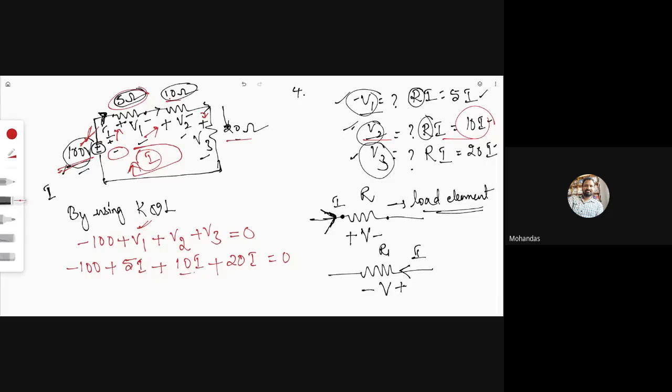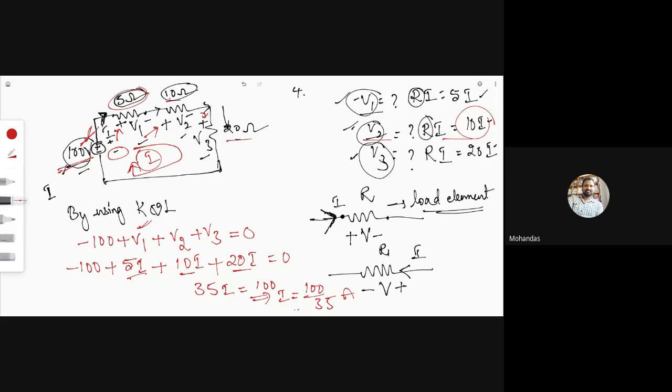So finally, what is the value of I here? Unknown current I: 5I plus 10I plus 20I, that is 35I. So 35I equal to 100. From this, tell me the I value. I equal to 100 by 35 amperes.